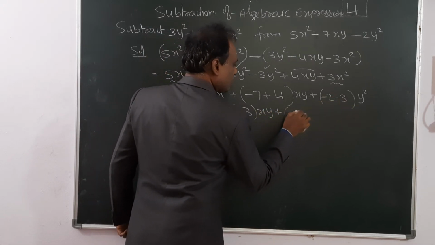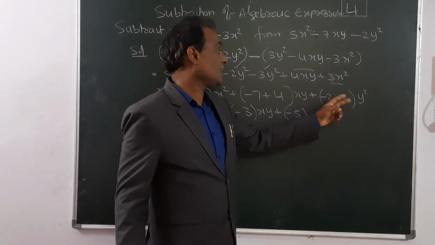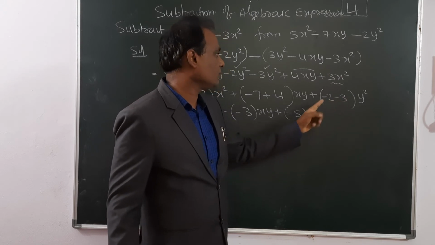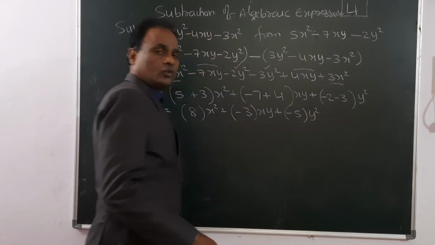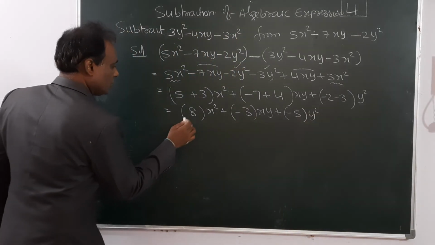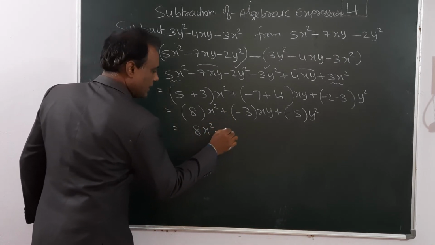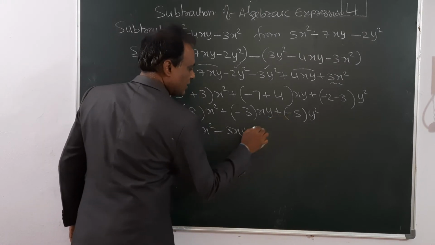-2 minus 3 is -5, because with the same signs we have to add and keep the minus. So 8y square minus 3xy. Plus into minus is minus.